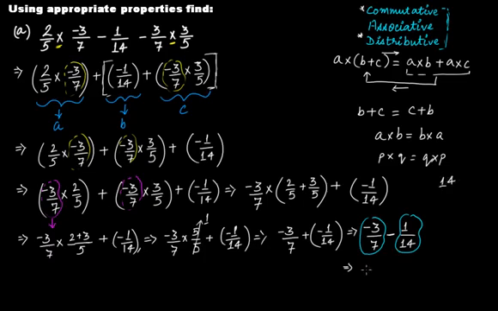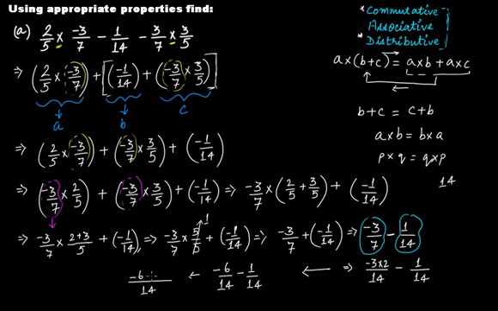Now if you want 14 as the denominator, 14 divided by 7 gives you 2 as the quotient. So minus 3 times 2 minus, here we already have 14, so write 14 here, and this is 1. Now I can write this as minus 6 over 14 minus 1 over 14. The denominator is the same, so you write 14 here.